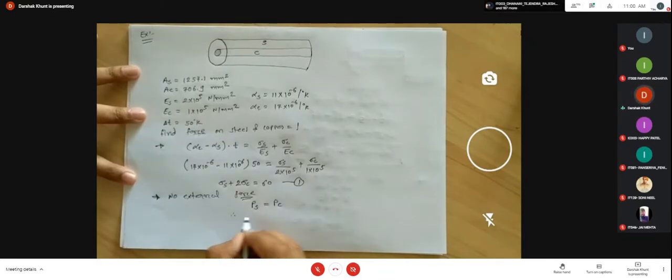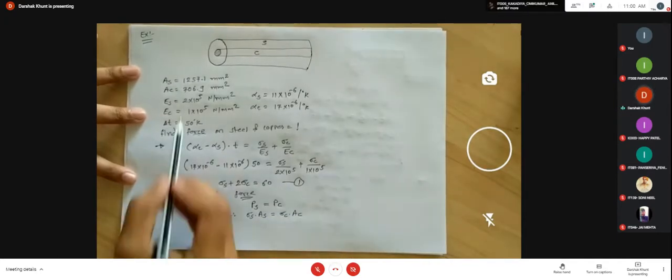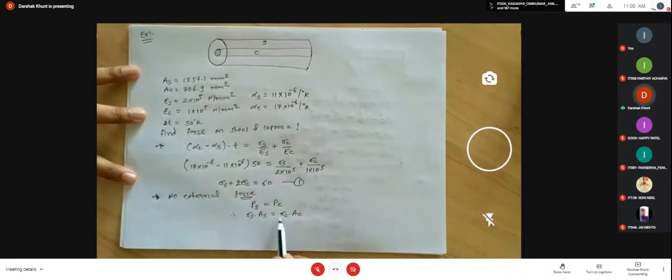So area of steel into stress in steel is equal to stress in copper into area of copper. Both areas are given. So if you put in the areas, you get the relation that the stress in steel is equal to 0.56 times the stress in copper. That is the second equation.